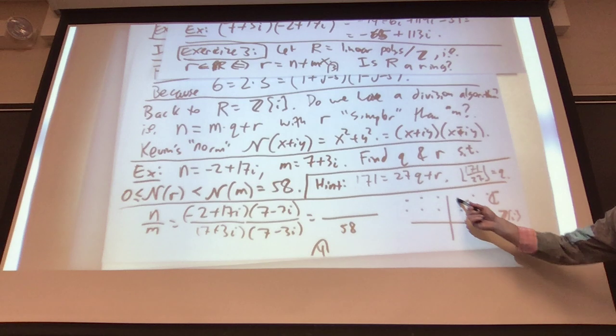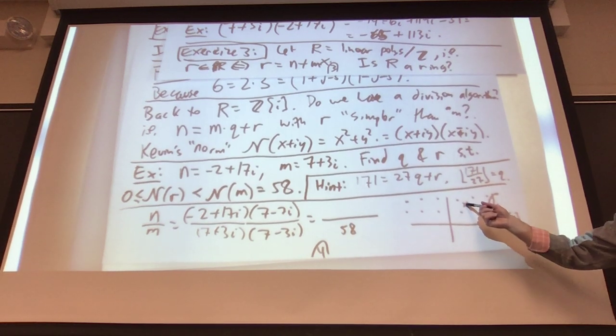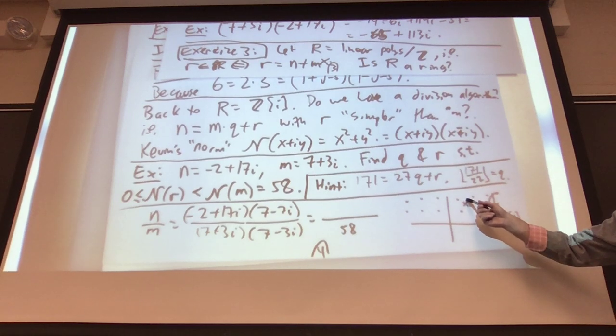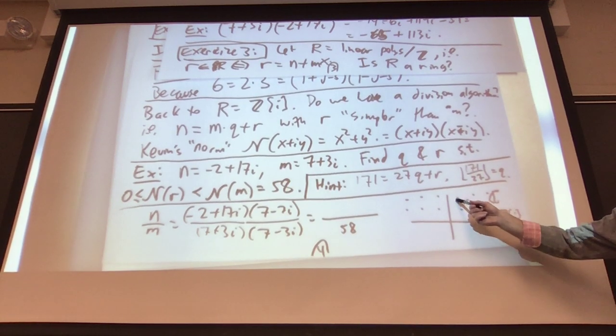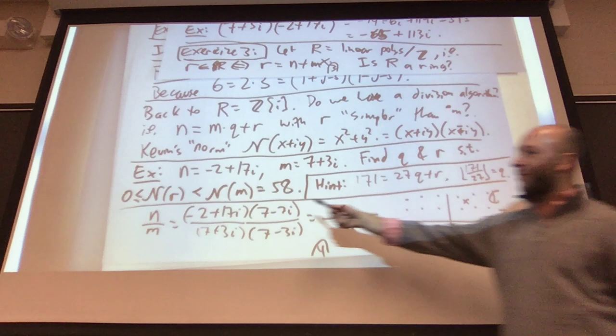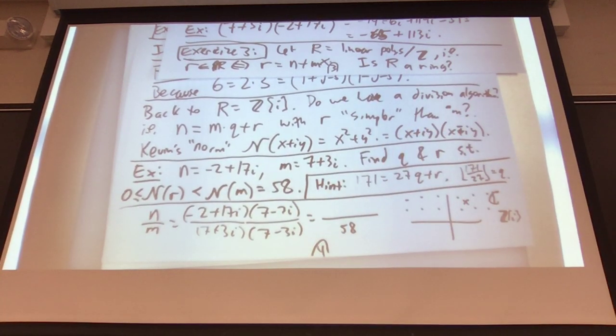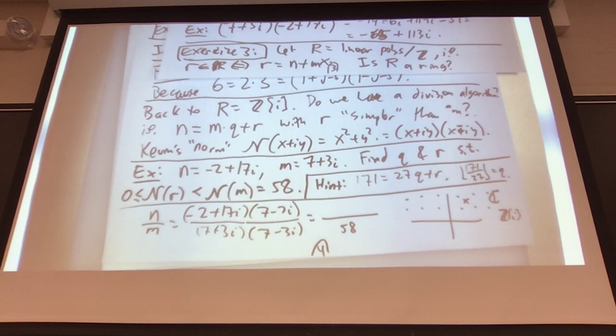Well, maybe there is a closest. Maybe it's right in the middle, and then there's really no good choice. But it actually doesn't matter, because whichever one you take will have a remainder that's smaller than what you divided by. So there is an issue with uniqueness.